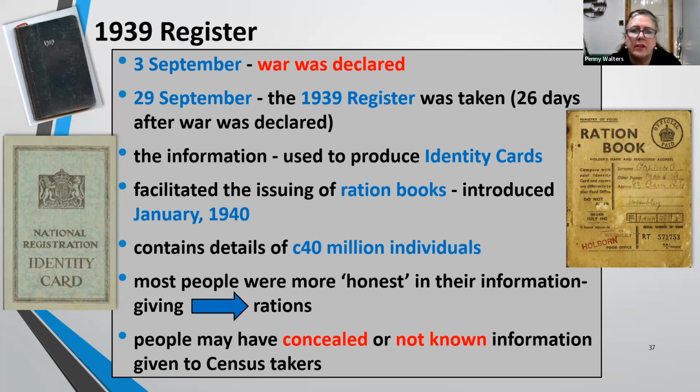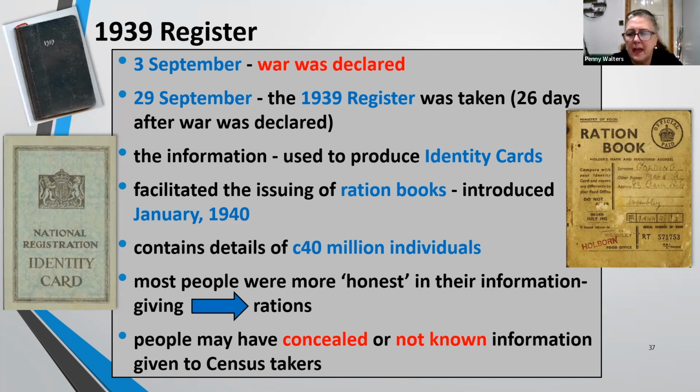So, as I've said, this is a whole webinar, but let me skim through. The 1939 register: war was declared on the 3rd of September. By the 29th of September, it was becoming obvious that people needed ID cards. So within 3 weeks, somebody was coming and asking you for all of your information. After you had given all of your details for your ID card, it became obvious that food was in short supply, so you then got a ration book.